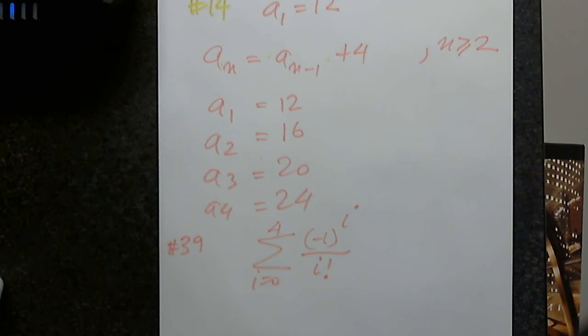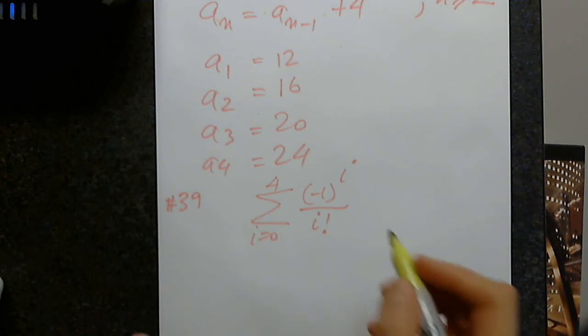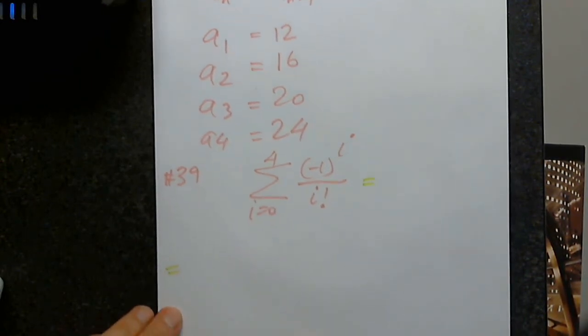How many terms will I write? When i is 0, when i is 1, when i is 2, when i is 3, and when i is? How many terms? Good, ready. When i is 0, which term will you give me?